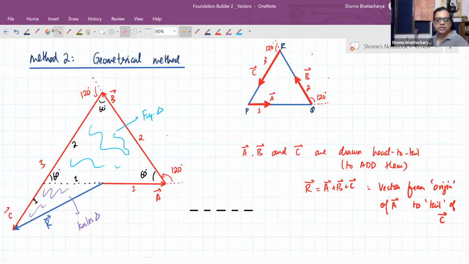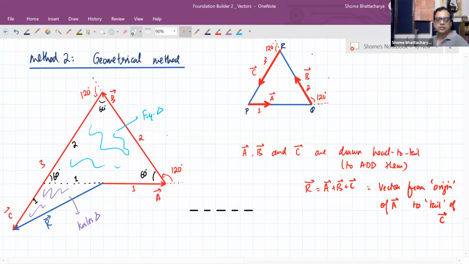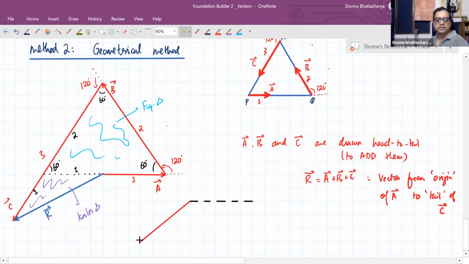Okay. Then there is this side. It's a continuation of C, but this is also magnitude 1 because this side is 1.